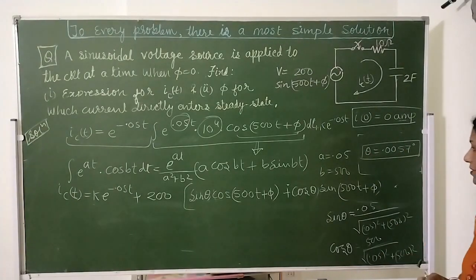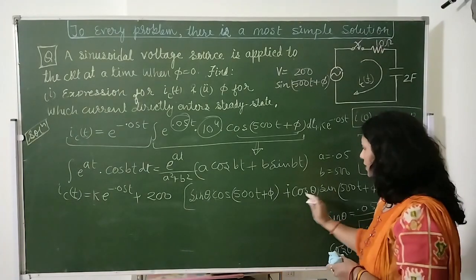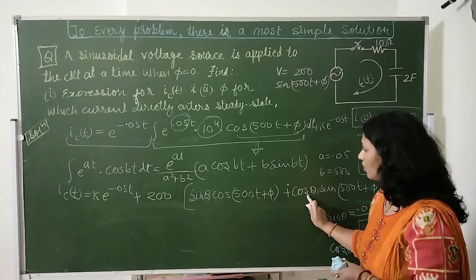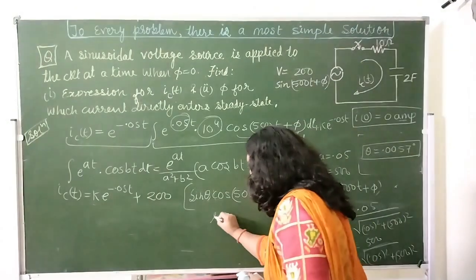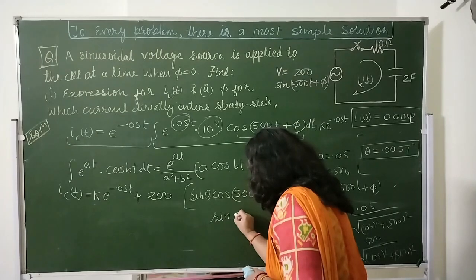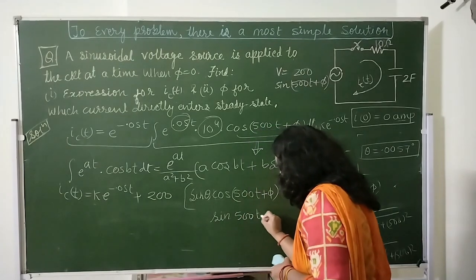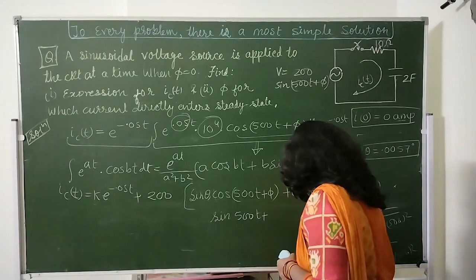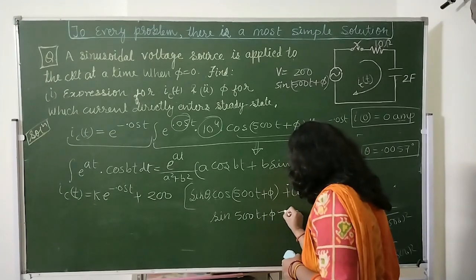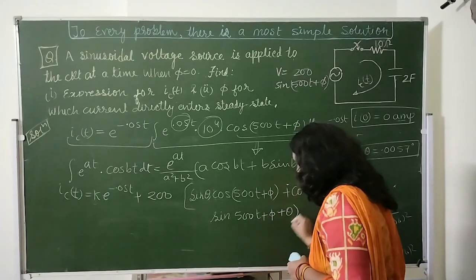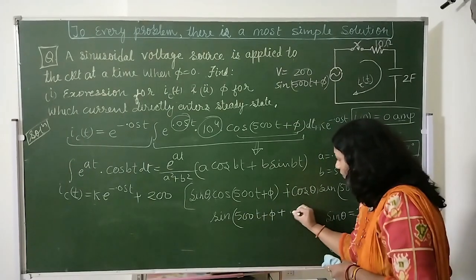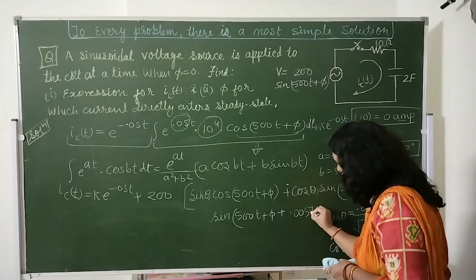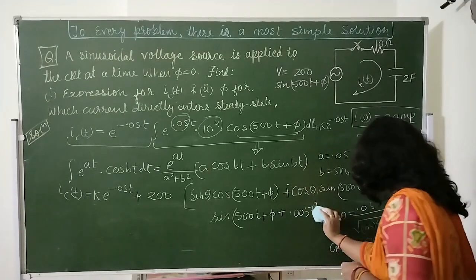Now apply the identity sin A cos B plus cos A sin B. So here sin(500t plus 5, which was already there, plus theta) will come here, and the value of theta is 0.0057 degree.